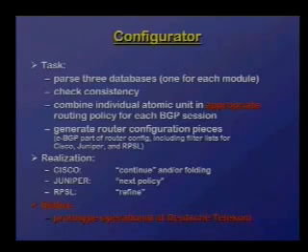Now, once you have all of these various different databases, you can actually go ahead and combine them and generate the configlets. And so what is the task of this configurator? It actually goes ahead, takes all of these three databases, checks for consistency, combines the various different atomic units into the appropriate routing policy for every single BGP session, and then actually generates the configlet parts that can now be uploaded to the various different routers to actually configure them.